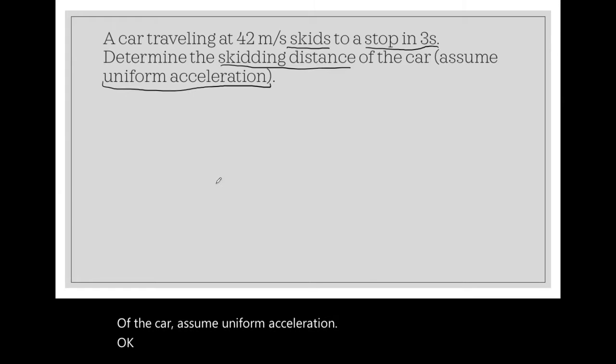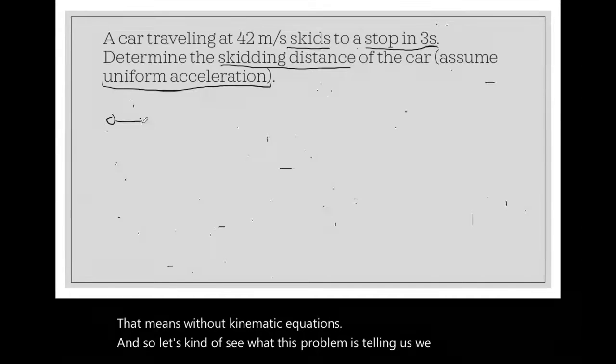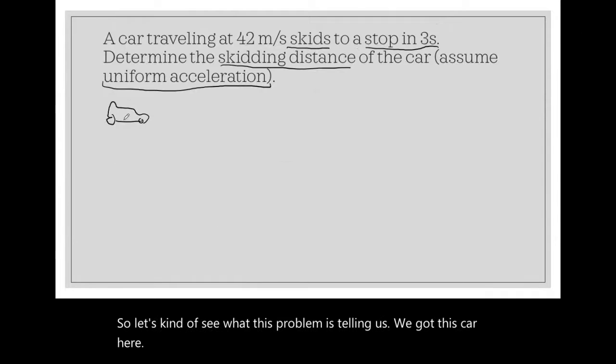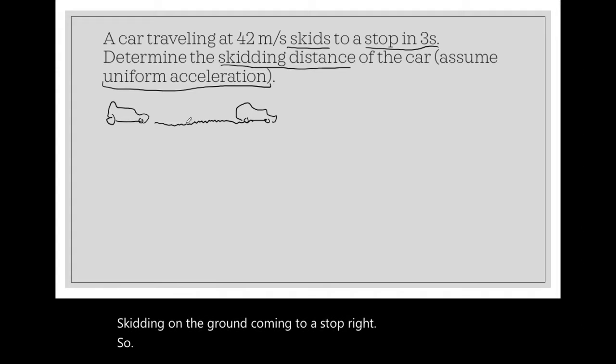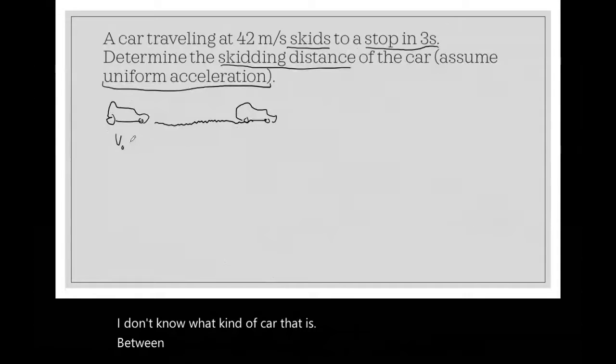Uniform acceleration, so that means we can use our kinematic equations. Let's see what this problem is telling us. We've got this car here, skidding on the ground, coming to a stop. I don't know what kind of car that is. But we know the initial velocity, they give us that, is 42.